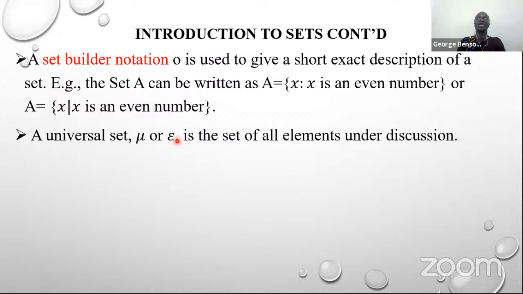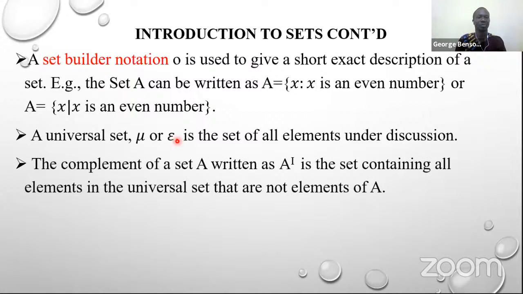For example, if I take the Ekropon Presbyterian Church of Ghana Assembly, a congregation, that becomes the universal set. Then, for instance, if you want to talk about the fellowships in the church, then the fellowships become what we call a subset. So basically, the universal set is the set of all elements or members under discussion.